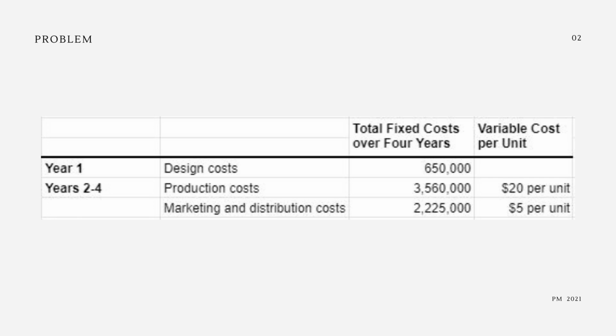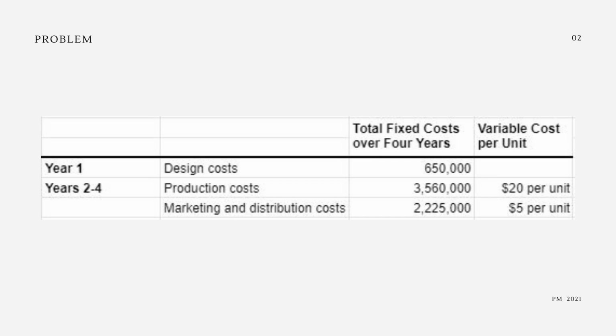So this is the information table presented in the problem. For year 1, for the design costs, we have a fixed cost of $650,000 and no variable cost during the year. For years 2 to 4, for production costs, we have $3,560,000 fixed cost and $20 per unit of variable cost.